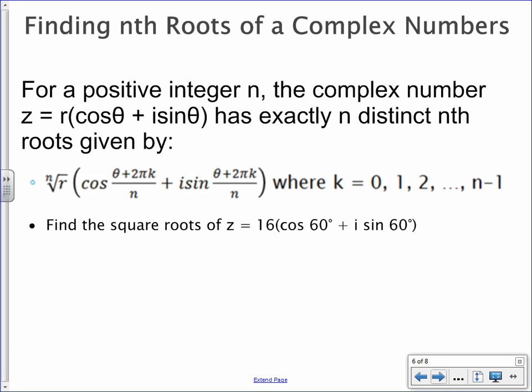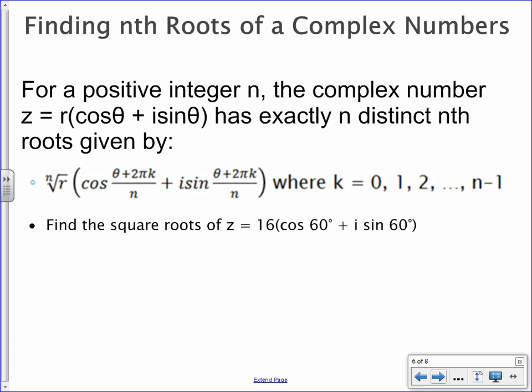Write it down and I'll explain what the k is. You add 0, 1, 2, 3, 4, 5, 6. Basically, if I ask for the 6 roots, you're going to give me 6 numbers. If I ask for the 4th roots, you're going to give me 4 numbers.